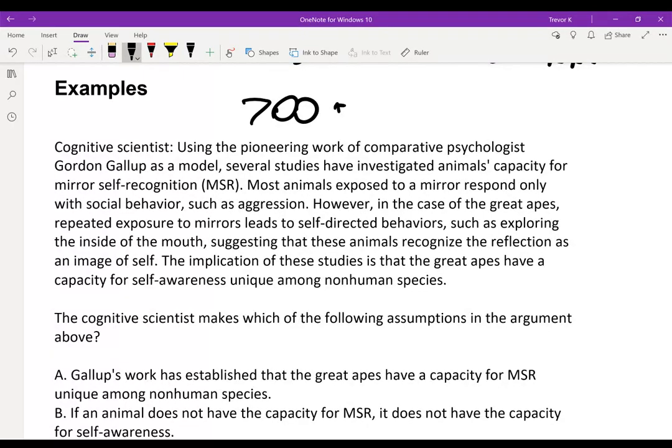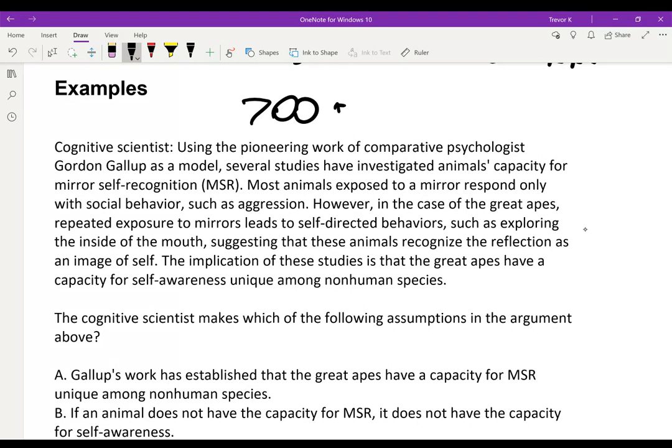Most animals exposed to a mirror respond only with social behavior such as aggression. However, in the case of the great apes, repeated exposure to mirrors leads to self-directed behaviors, such as exploring the inside of the mouth, suggesting that these animals recognize their reflection as an image of self. The implication of these studies is that the great apes have a capacity for self-awareness unique among non-human species.